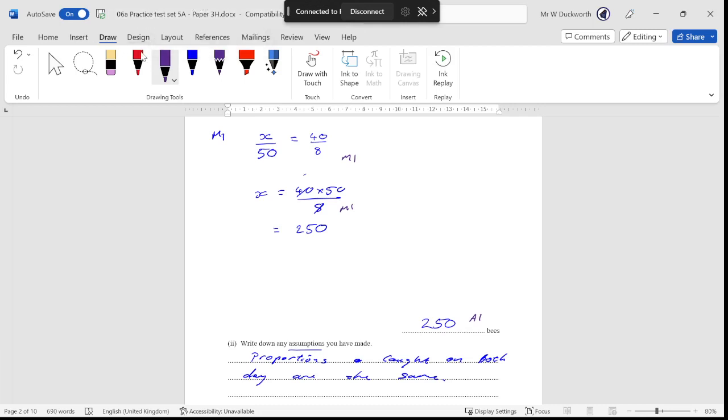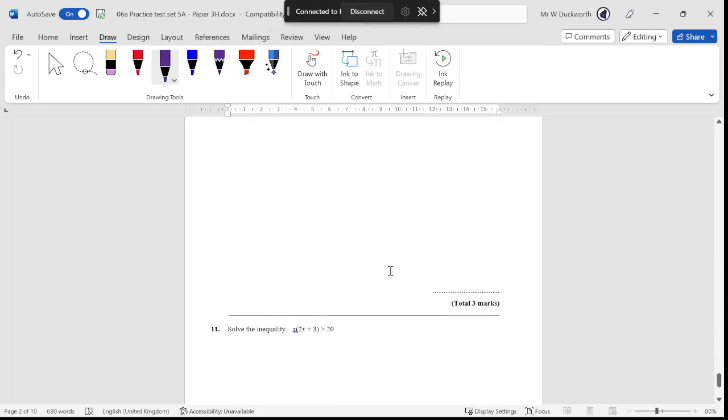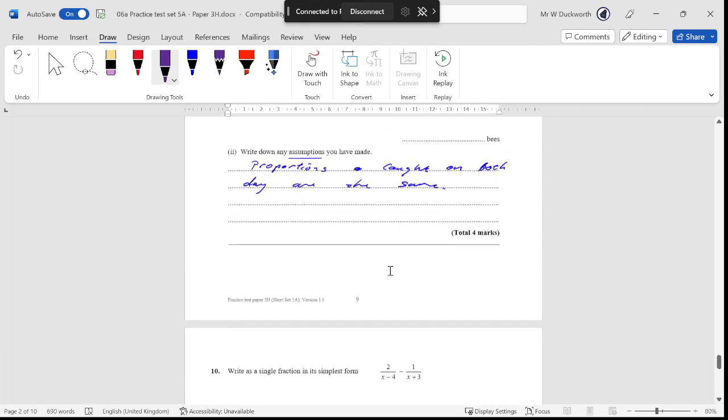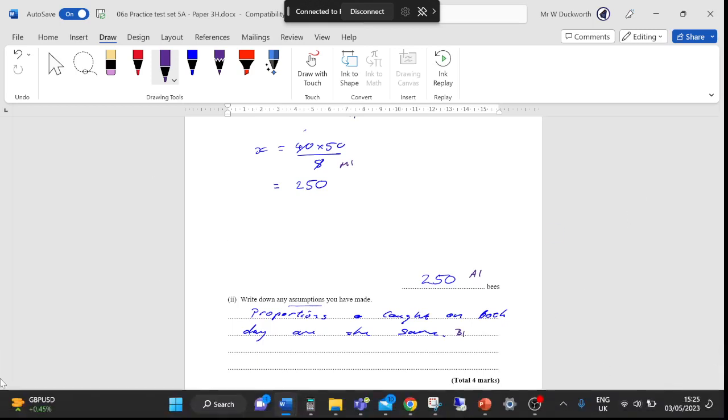Yes, only cross out working that you're positive is not going to be useful, even if you can't go any further. And then, did I do all the marks for that? Yeah, sorry. The assumption was a B1 mark. It states, for mathematical assumption, e.g. fixed proportion, on the mark scheme.